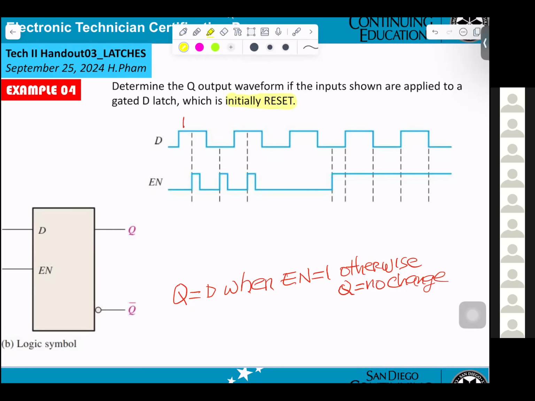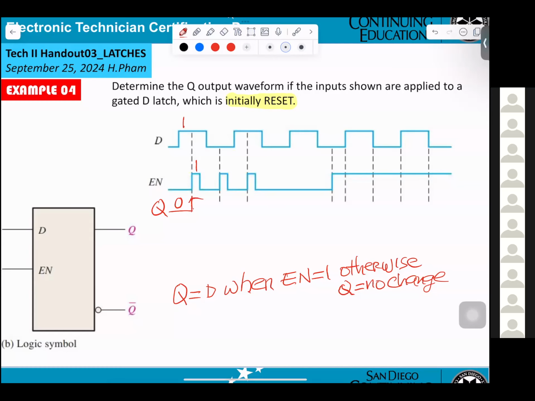So enable equal to 1. What does Q equal? Q equal to D. D is 1, yeah, 1. Q is 1.